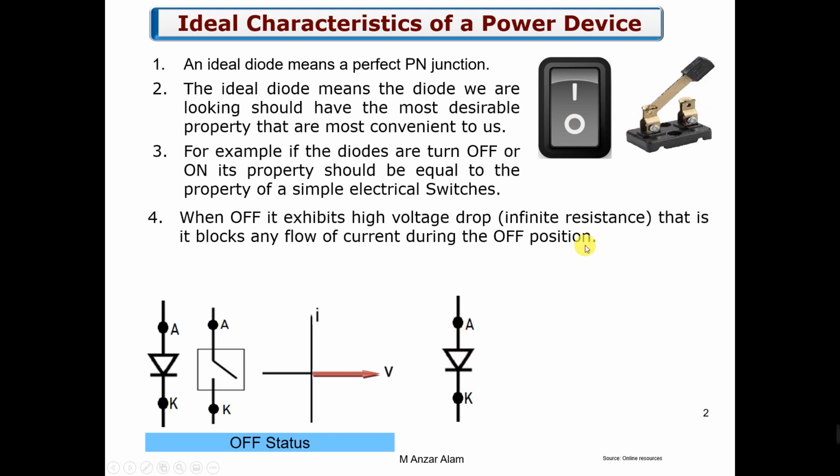If this is down, it means these two points are connected with this conductor, with this knife. So it's a conductor. So if the diode is on, ideally what we can say, it is completely short circuit.